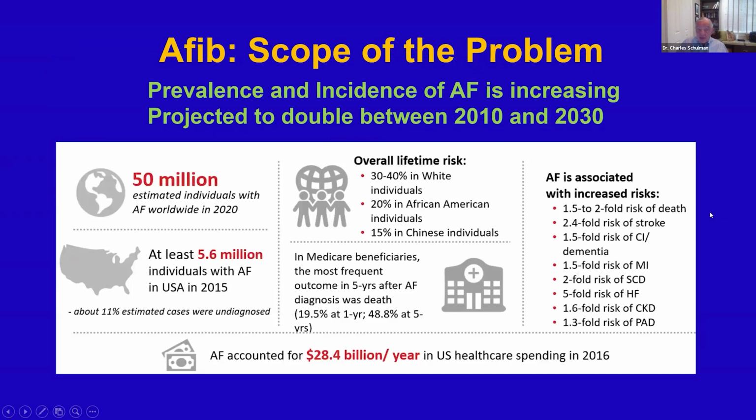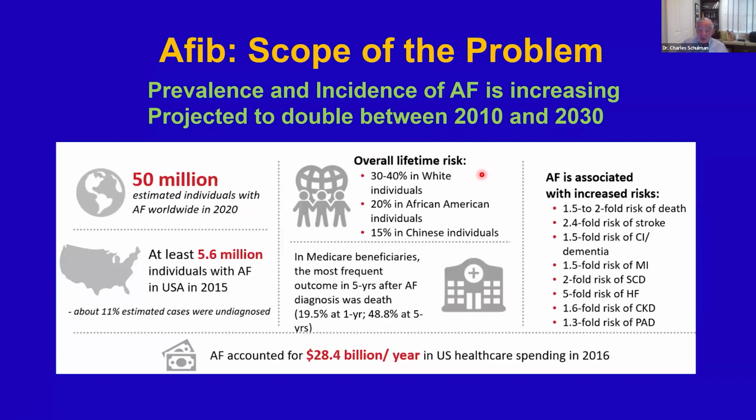The scope of the problem is considerable. 50 million people worldwide are estimated to have AFib, 5.6 million in the United States. The prevalence and incidence is predicted to double between 2010 and 2030.